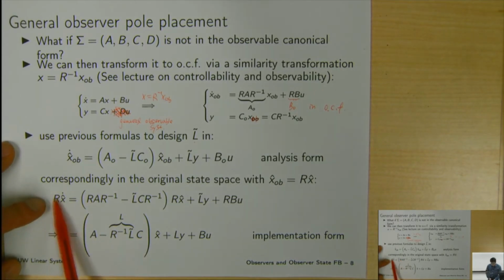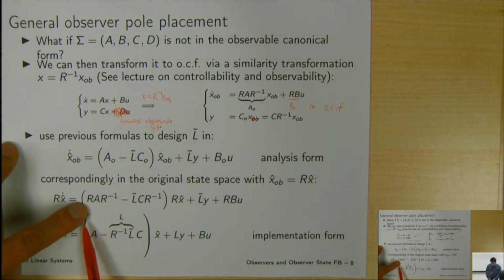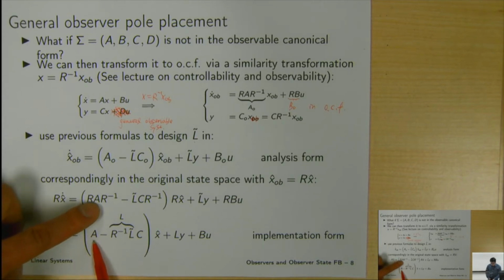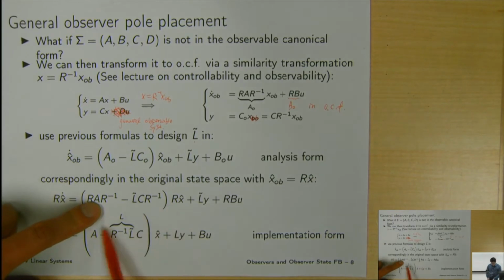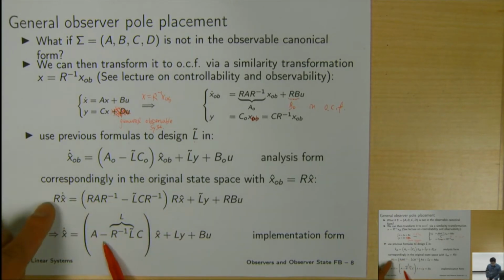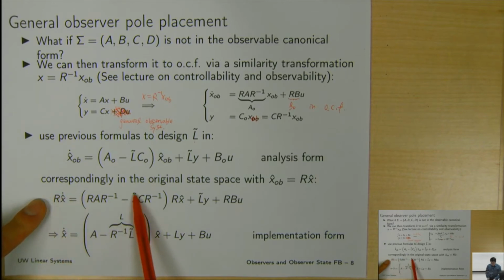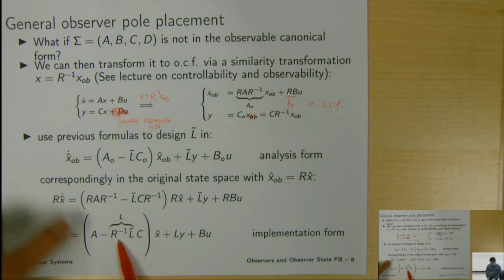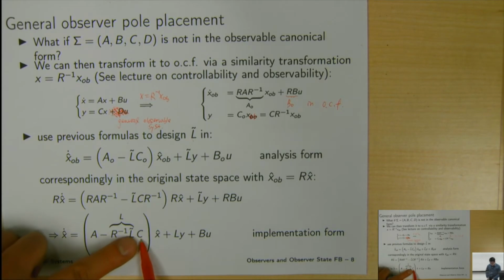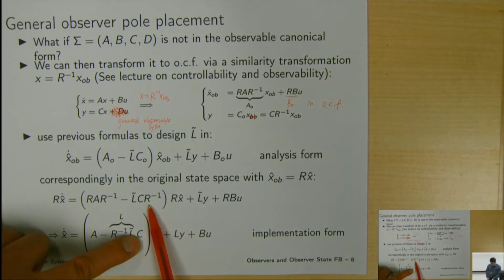We have an R inverse, which is going to cancel out with this R and this A. And then this R inverse cancels out with this R. So it's A minus R inverse L tilde times C. We put an R inverse here, and this R inverse is going to go to L tilde. And then this R cancels out with this R inverse.